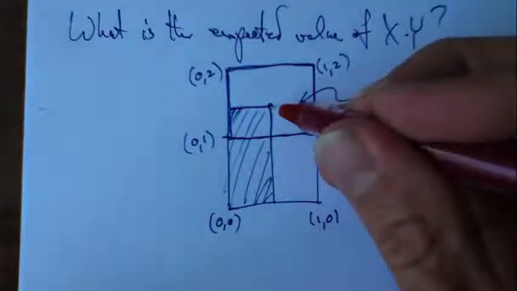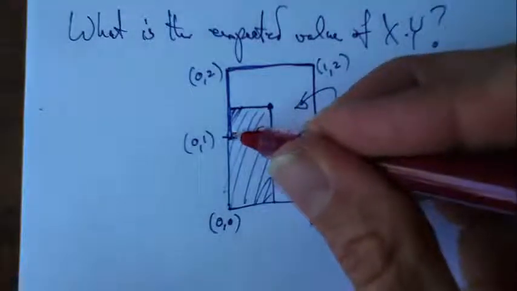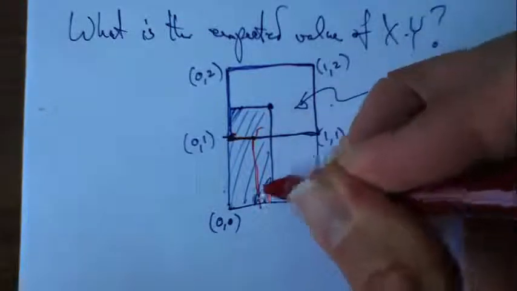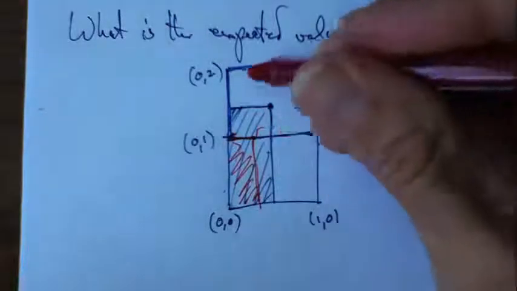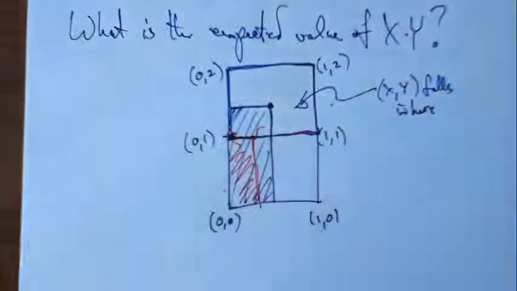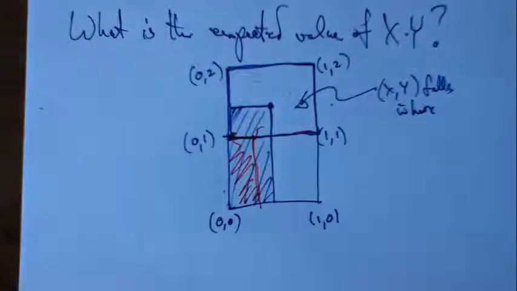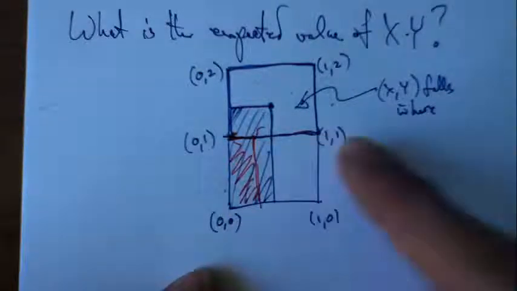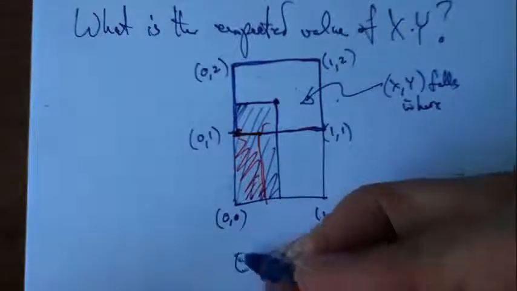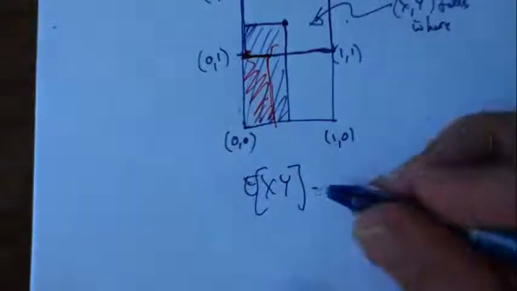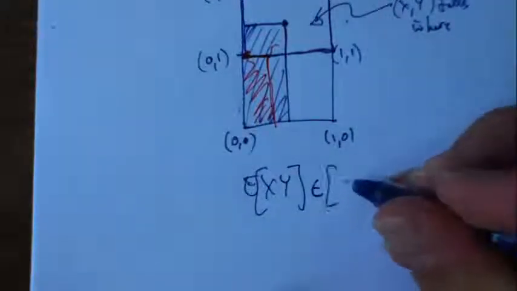Note that this point could be down here, it could be here, in which case this would be the area. The random point has to be somewhere in this upper square. One thing I'm going to note right now, very quickly, is that this expected value of x times y, this random area, should be somewhere between 0.